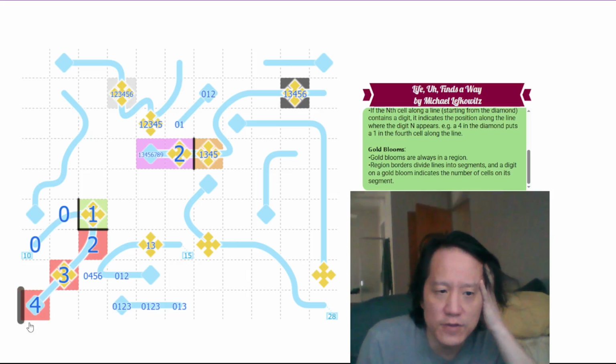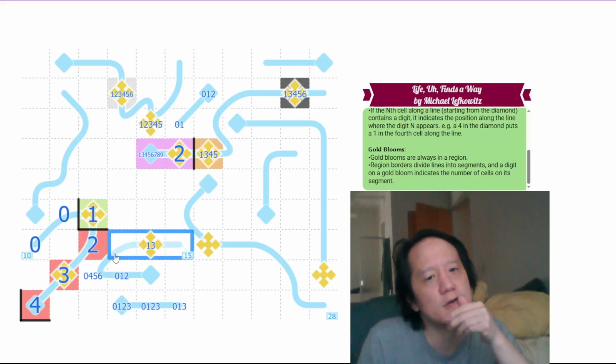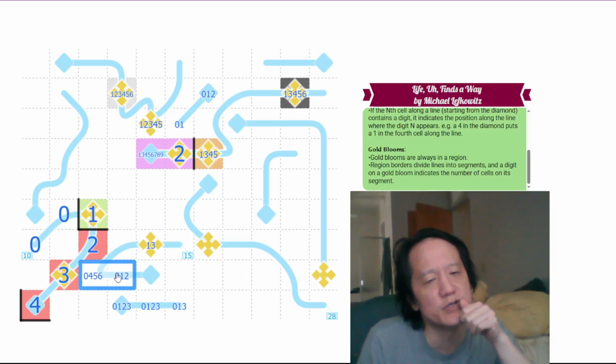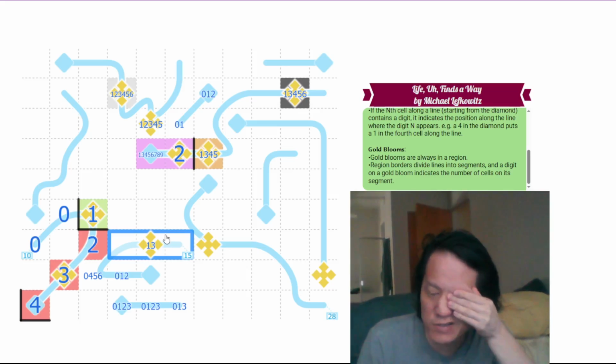Okay, this is definitely the border of a region. So we have 3 here. How does that work? It would have to be these 3, and then this would be a separate region. That means you're not missing 3 digits. So you have 3.